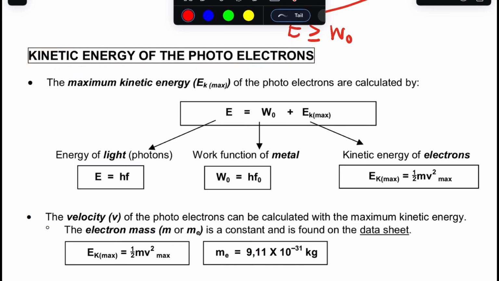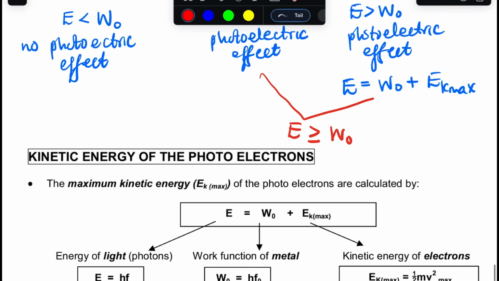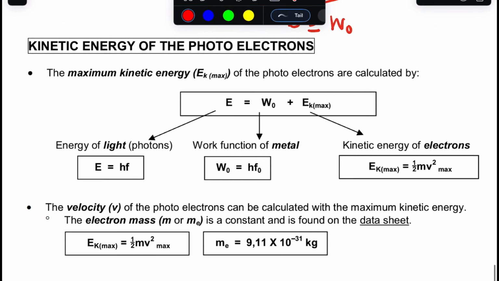It starts from here: when the energy is greater than the work function, that energy is the sum of the work function and the kinetic energy, right? The maximum kinetic energy of photoelectrons can be calculated by this formula. Guys, whenever you write this formula, do not forget the subscript of the maximum.